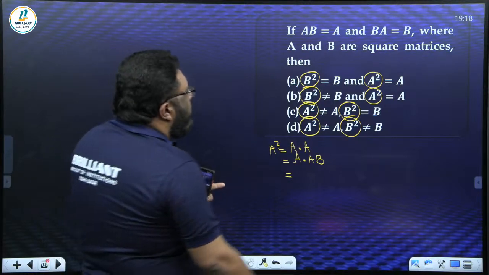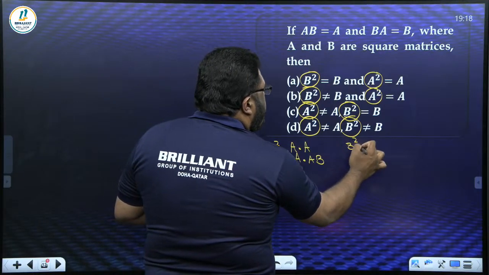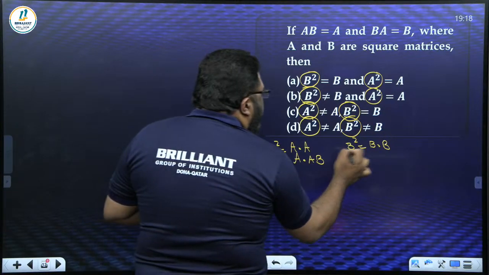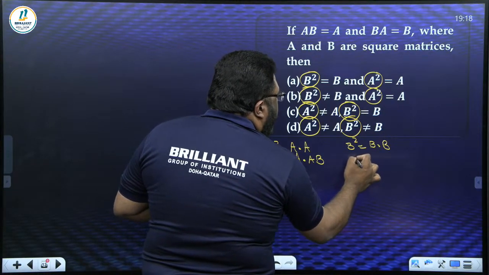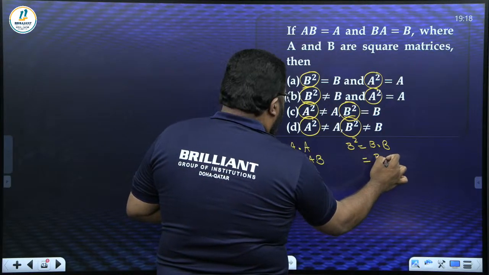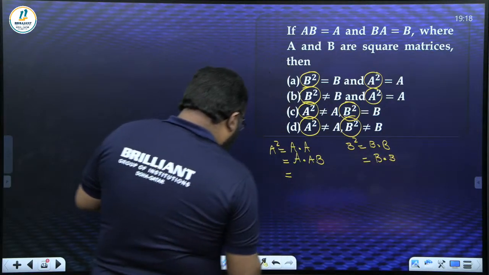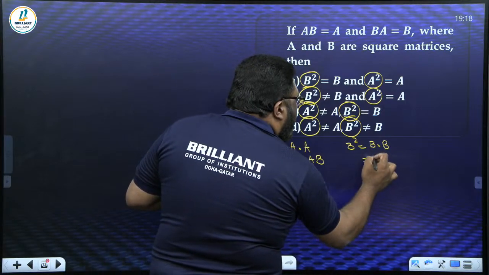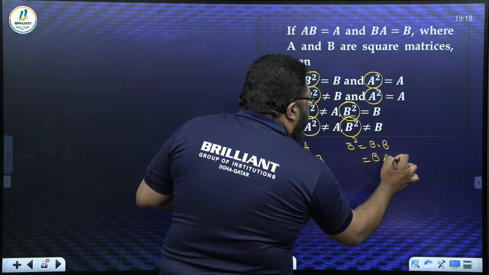What is going to be B squared? B into B. Yes. So what is B squared? B into B, where B is equal to BA.